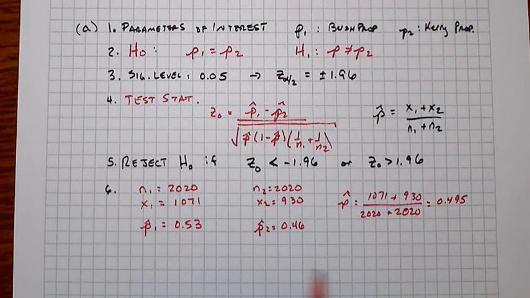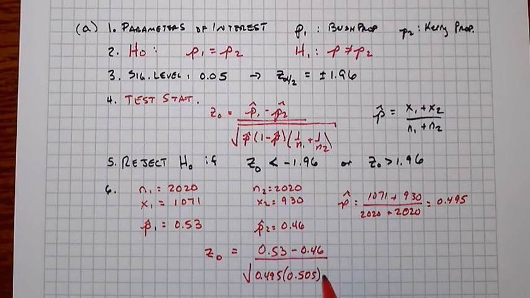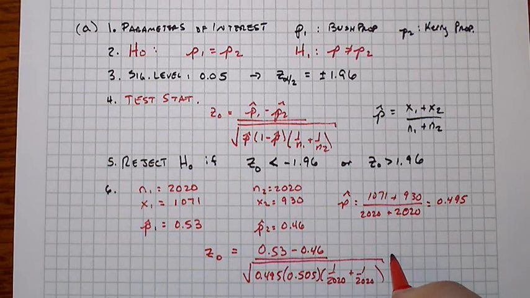And so our z-value here, plug in the numbers: 0.53 minus 0.46 over the square root of 0.495 times 1 minus 0.495, times 1 over 2020 plus 1 over 2020, all square root. And that gives us a z-naught value of 4.45.